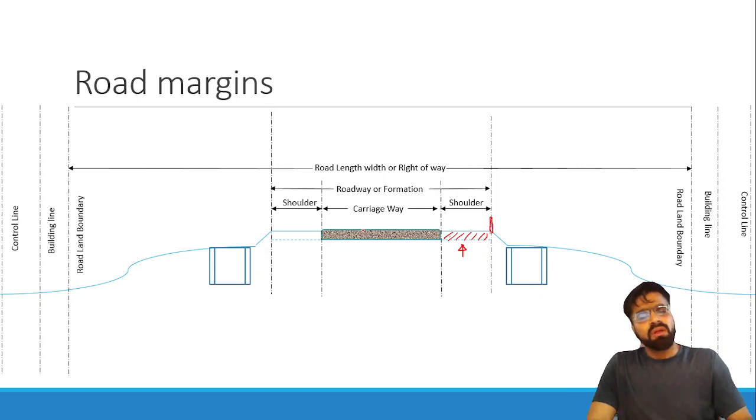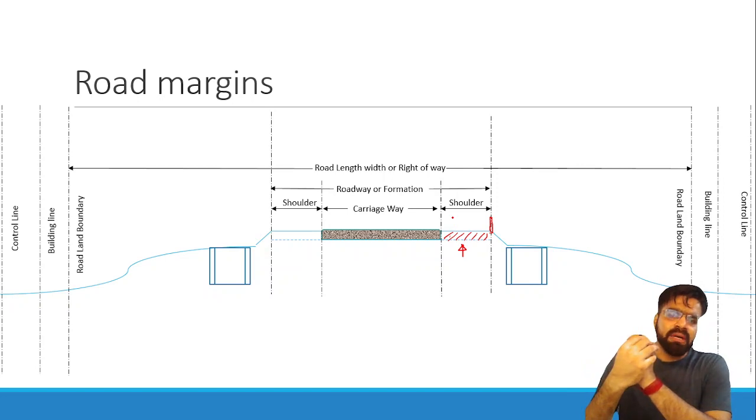Now this shoulder, as it is a very rough surface, certainly needs a steeper slope in terms of camber. We saw what camber is. Camber is a slope provided in order to allow the rainwater to drain off.